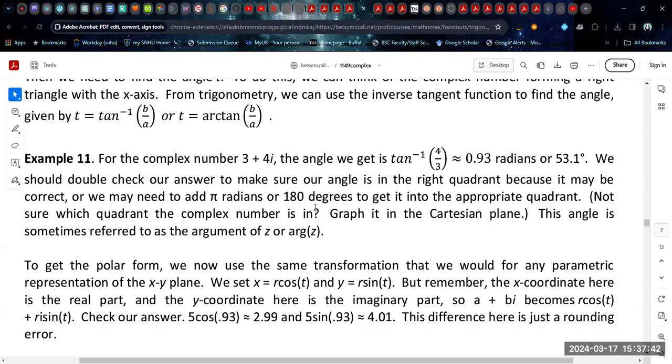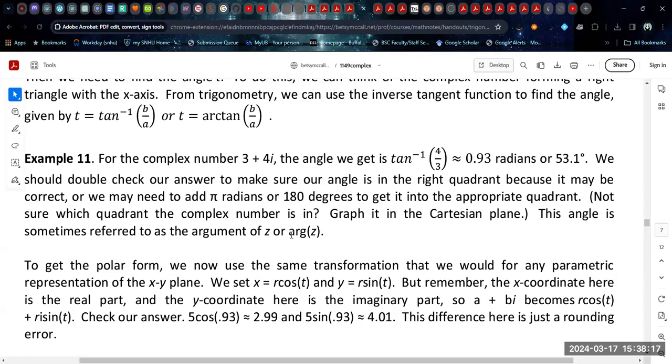However, if this was negative 3 plus 4i, we would have gotten a value in the fourth quadrant. But that point, negative 3 plus 4i, would have been in the second quadrant. So then we would have had to add pi radians, or again, if we're in degree form, 180 degrees to get into the appropriate quadrant, because the inverse tangent would not have given us a value in the second quadrant. It would have given us a value in the fourth quadrant.